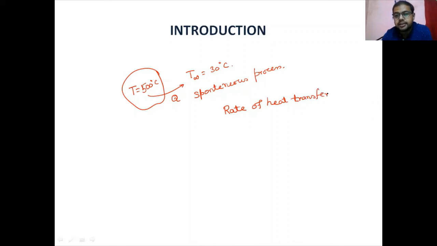Heat is transferring from the system to the surroundings due to the temperature gradient, the temperature difference. But at what rate? How much time is required for the system and surroundings to come to the same temperature, or equilibrium state? That is not known from thermodynamics. So thermodynamics fails to tell it.